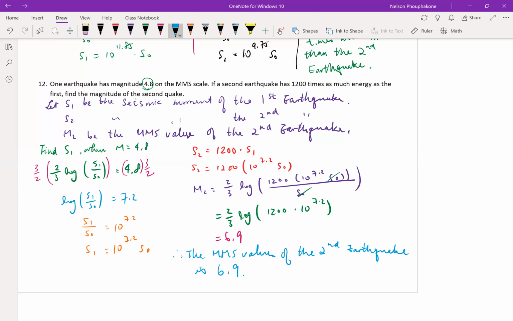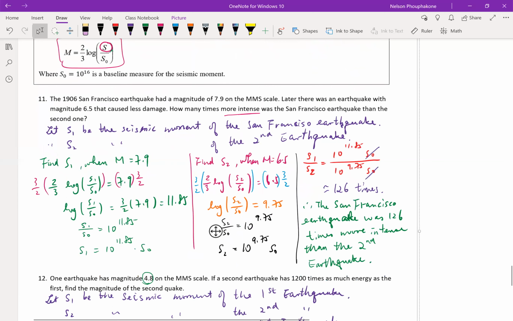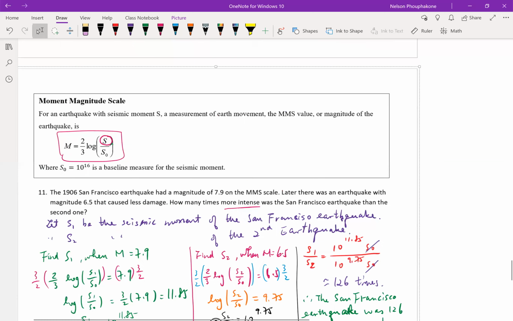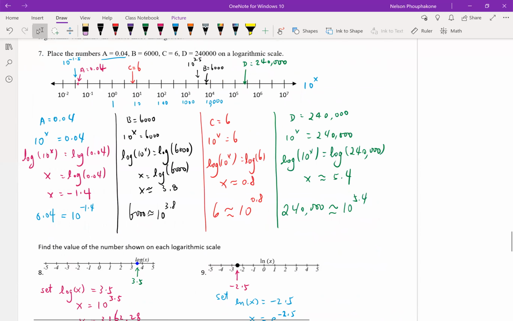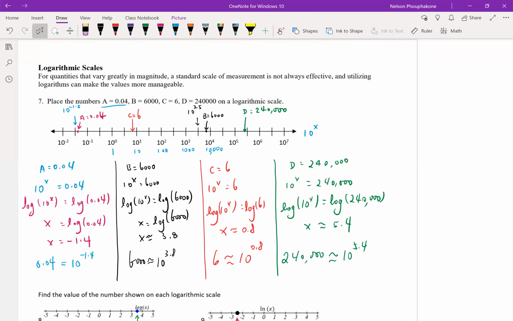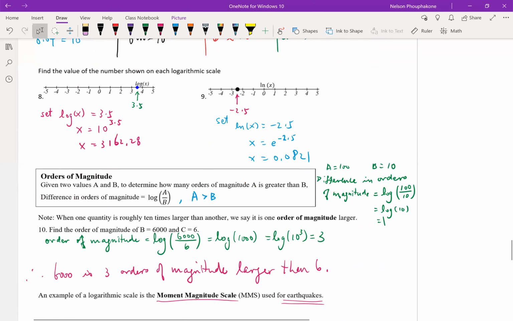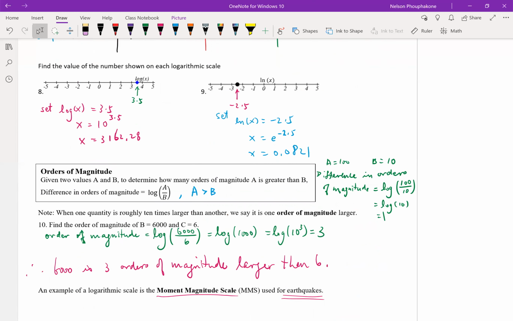Okay, then that's it. So again, in this lecture right here, we learned how to work with the logarithmic scale and also order of magnitude. Okay, thank you.